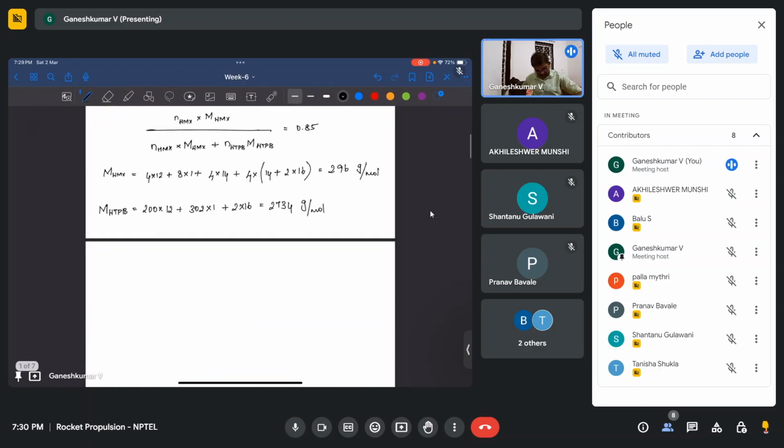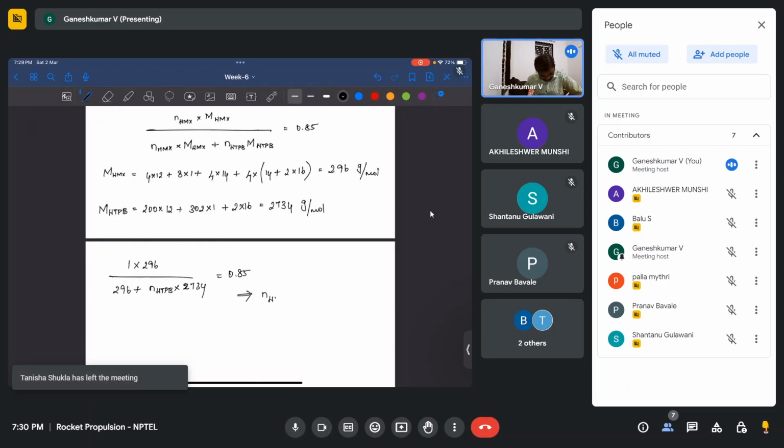Anyway, so let's say if you substitute these things over here, HMX is 1 into 296 by 296 plus N of HTPB into 2734 equal to 0.85. So how much is the number of moles of HTPB coming out to be?